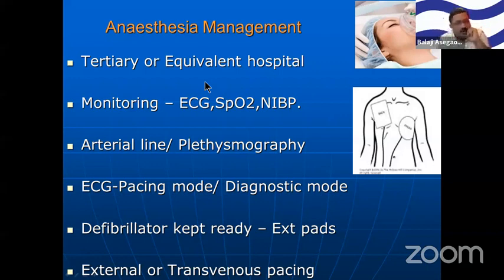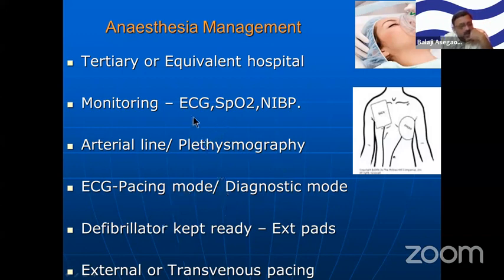On the ECG monitor, there is a pacing mode. If you switch it on, it will show the pacing spike with each ECG complex. That is, if the heart is paced by a pacemaker, it will be shown on the monitor. Always keep a defibrillator ready, because there is a high chance the patient can suffer from various kinds of arrhythmia, and keep external transvenous pacing ready.